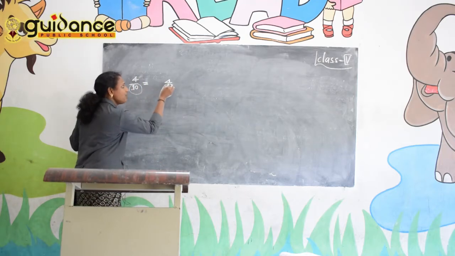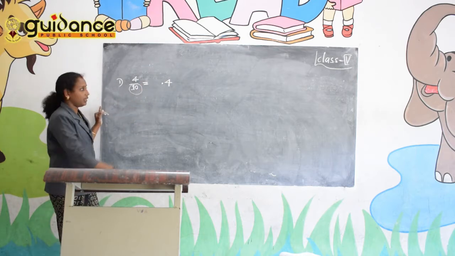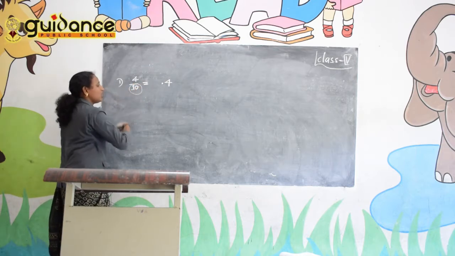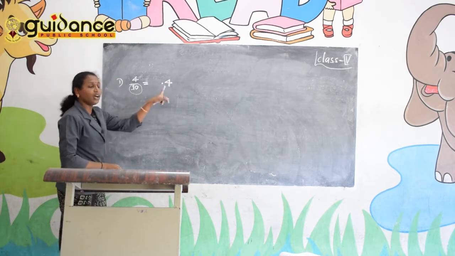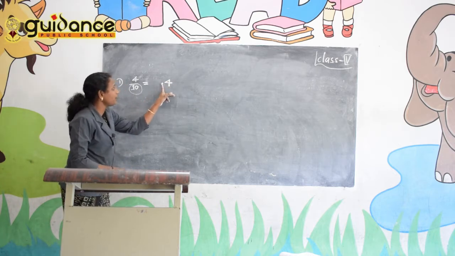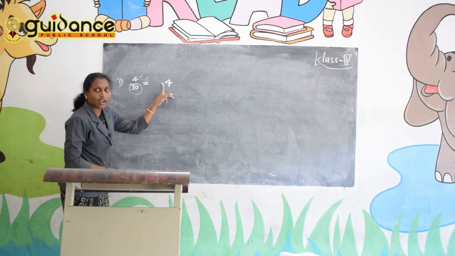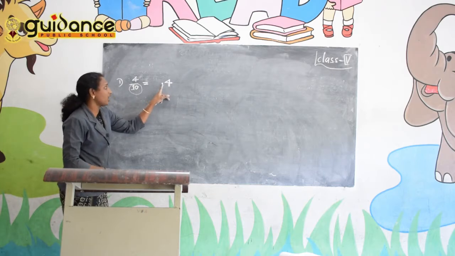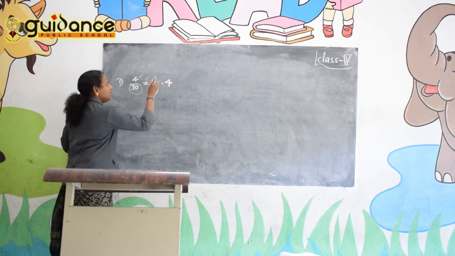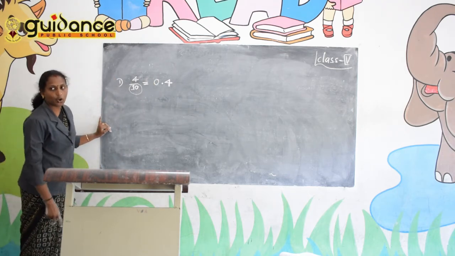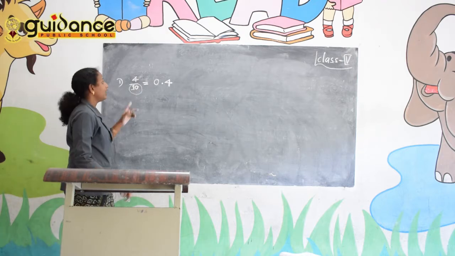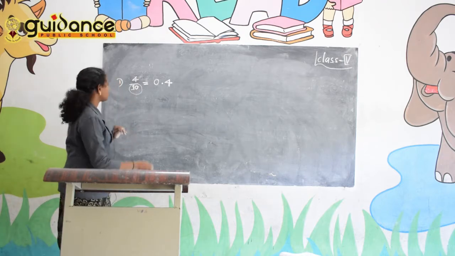That means move 1 place to the left and put the point. Here, after 1 place, I will put the point. Then we write down the 0. So this is the decimal form.